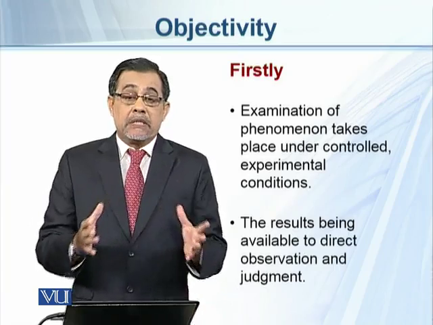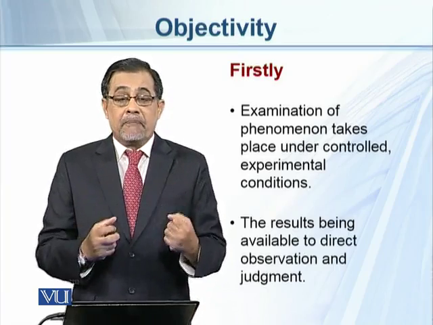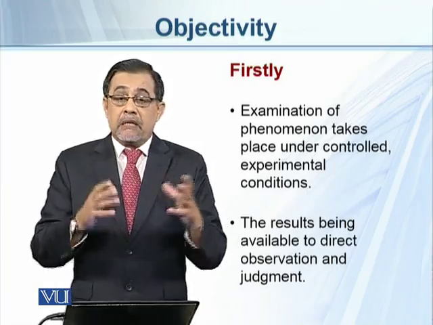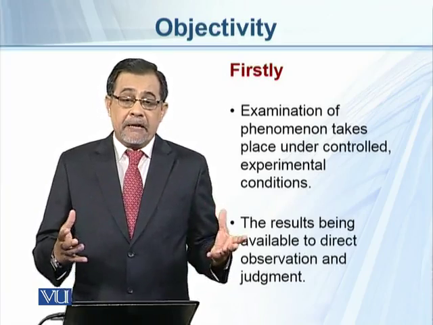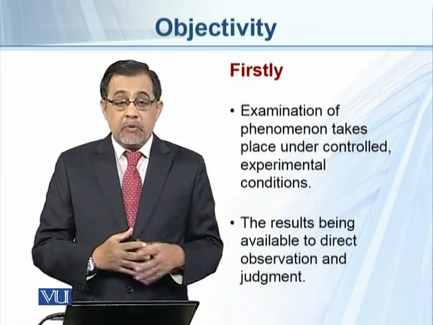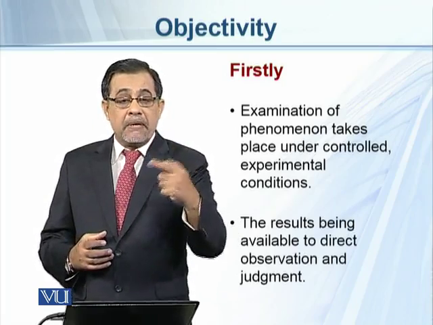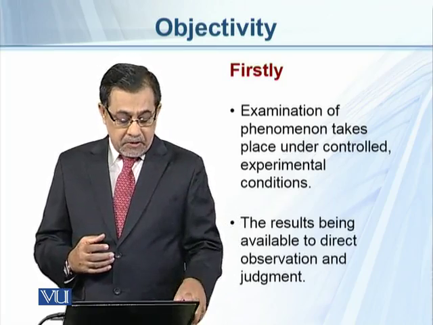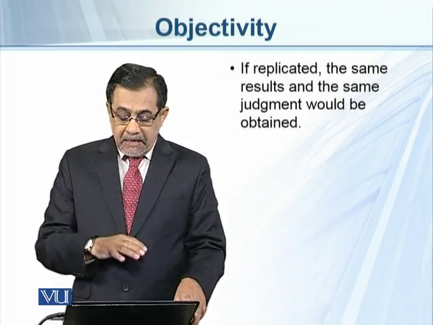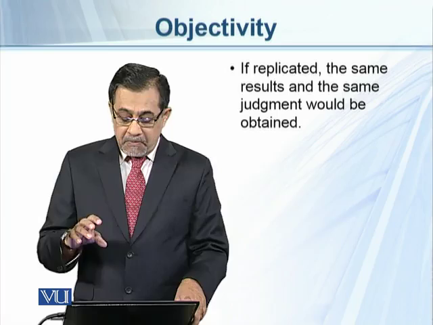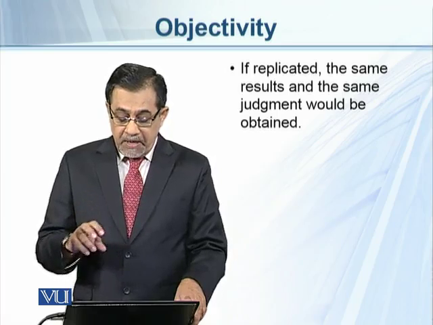Whatever results are gathered from this experiment are verifiable, and they are open to observation. Anybody who is doing the same experiment can reach the same results. If replicated, the same judgment would be obtained.